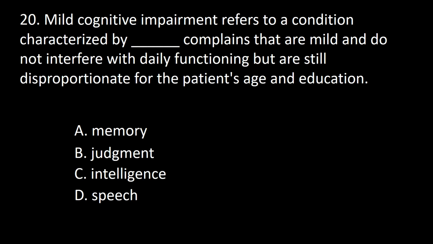Next question. Mild cognitive impairment refers to a condition characterized by dash complaints that are mild and do not interfere with daily function but are still disproportionate for the patient's age and education. A, memory, B, judgment, C, intelligence, D, speech.